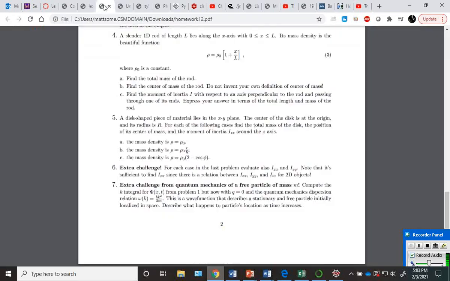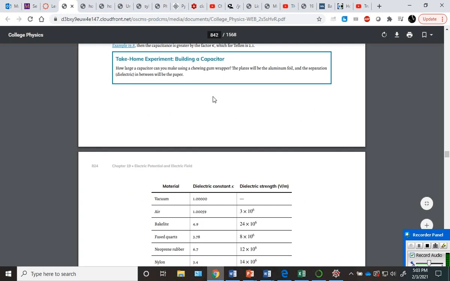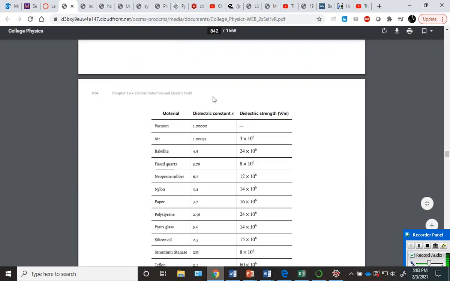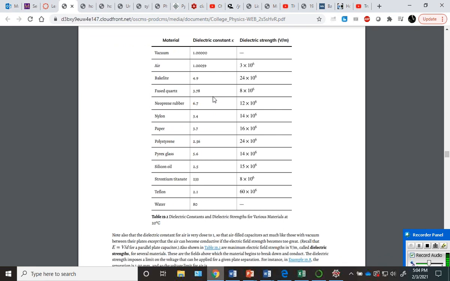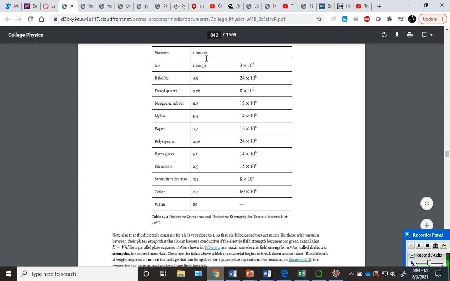If we go to the page in the textbook that discusses dielectric constants, you'll see table 19.1, dielectric constants and dielectric strengths for various materials. The dielectric constant is a unitless quantity. You can see that vacuum has a dielectric constant of 1, and air has a dielectric constant of barely more than 1.